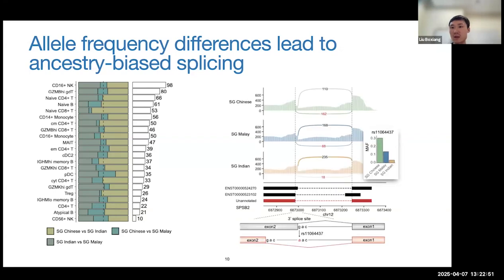So we did observe some of the reasons, and I'm showing you here one example, which is allele frequency drives differential splicing. So here, this is the gene SB2, and this is the key isoform. So take a look at this isoform first.